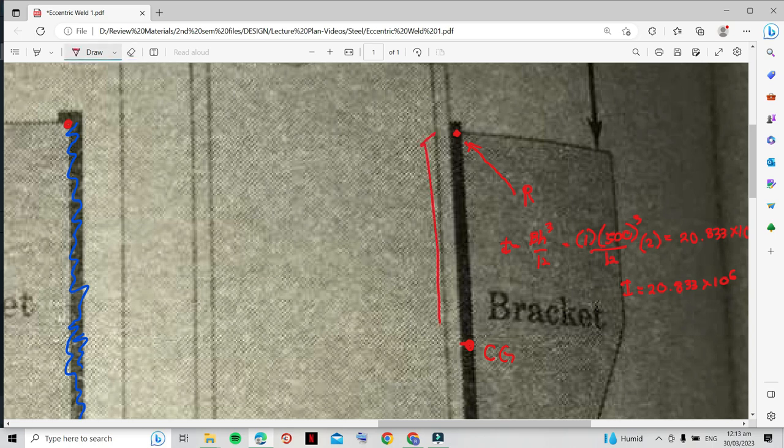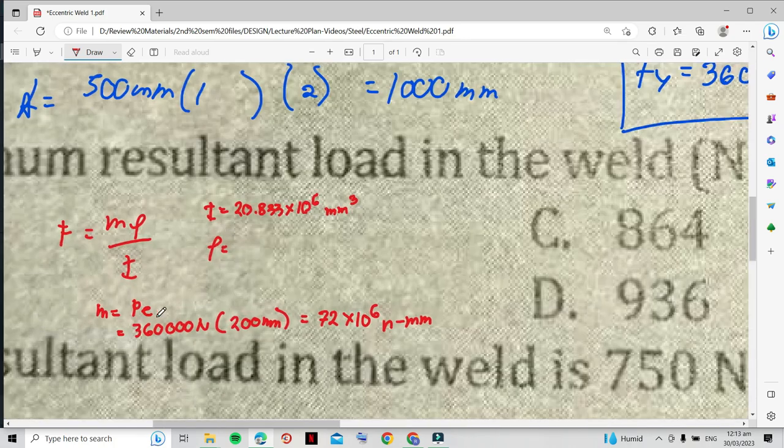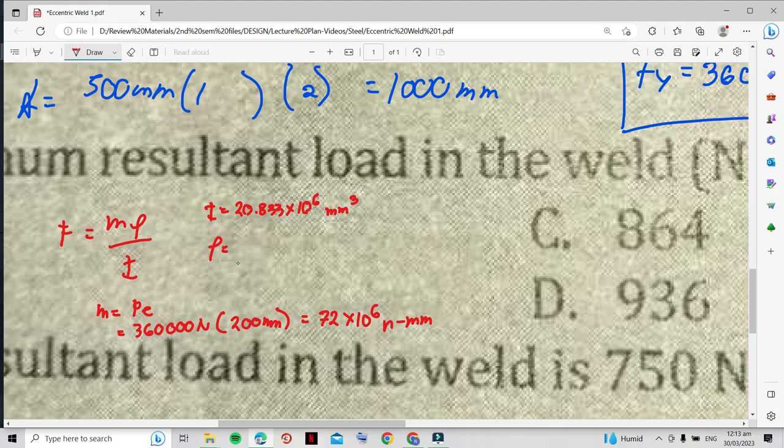So this is B over 2, which is 500 over 2, equal to 250 mm. We substitute into the formula.